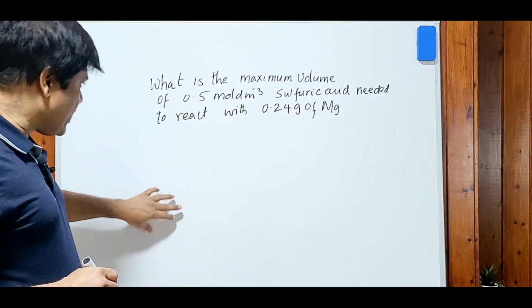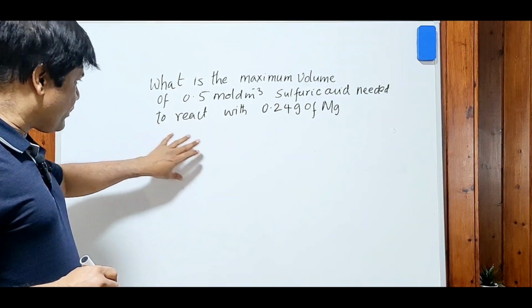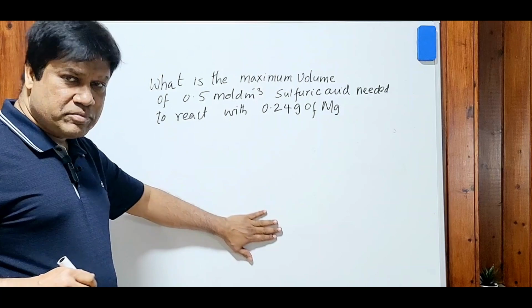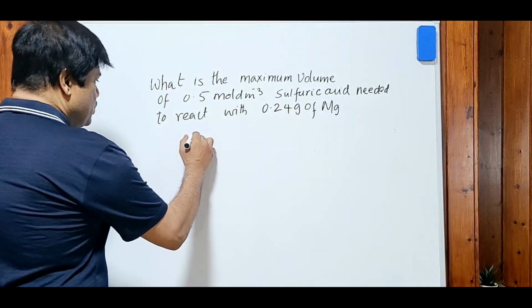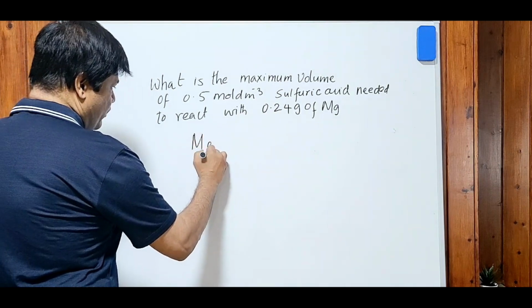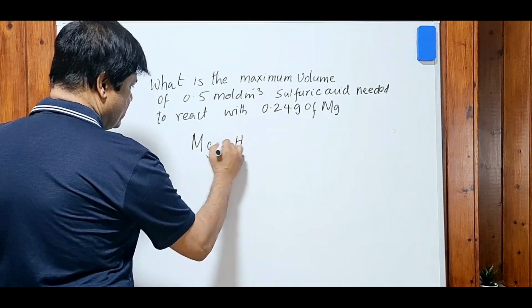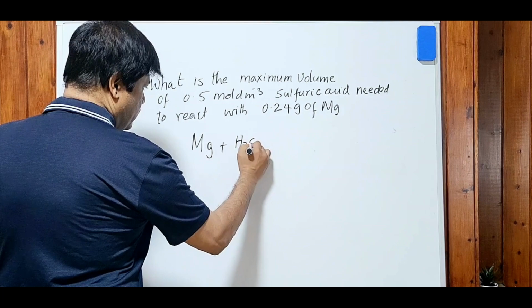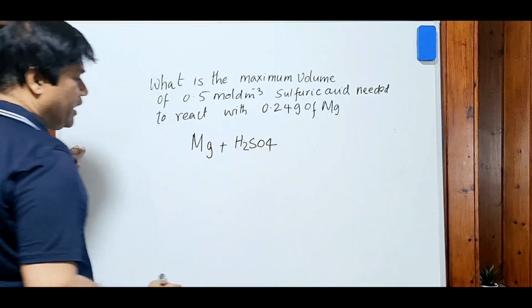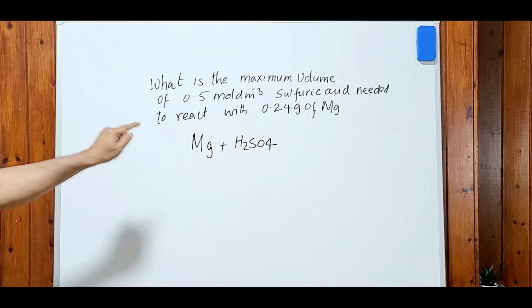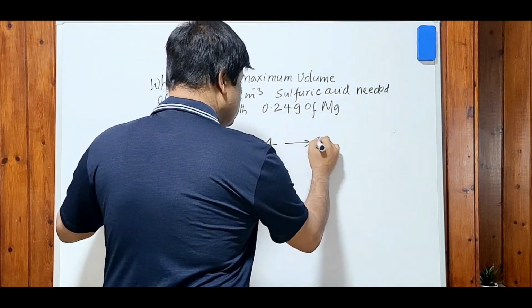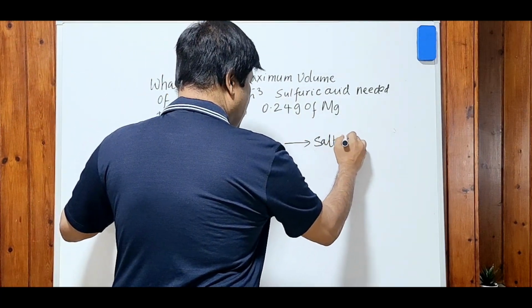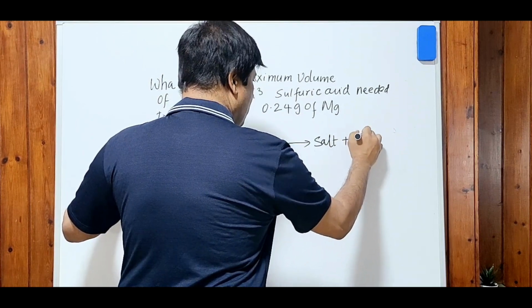Whenever we have a stoichiometric type of question, you have to write its balanced chemical equation. So magnesium reacts with sulfuric acid to form what? Any guessing? Metal reacts with acid to form salt plus hydrogen gas coming off.